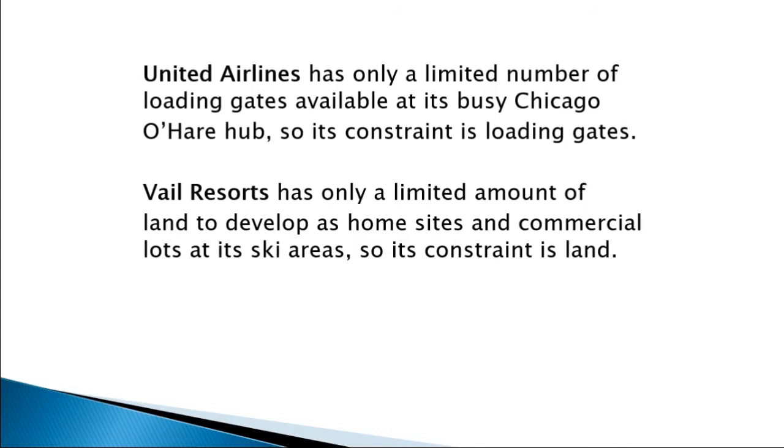United Airlines has only a limited number of loading gates available at each of its Chicago or other hubs, so its constraint is loading gates. Vail Resorts has only a limited amount of land to develop as home sites and commercial lots and its ski areas, so its constraint is land.